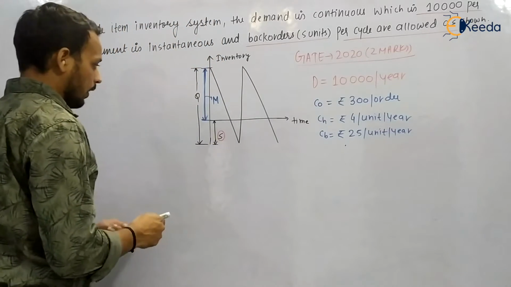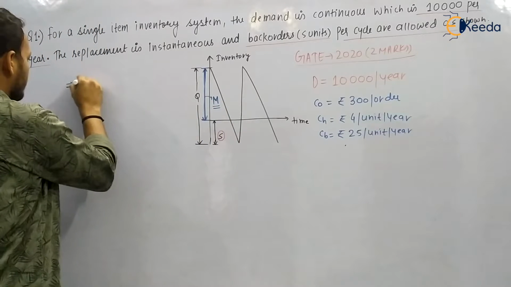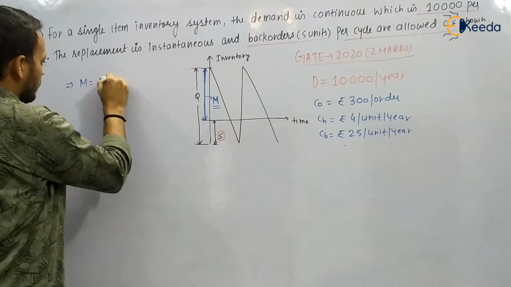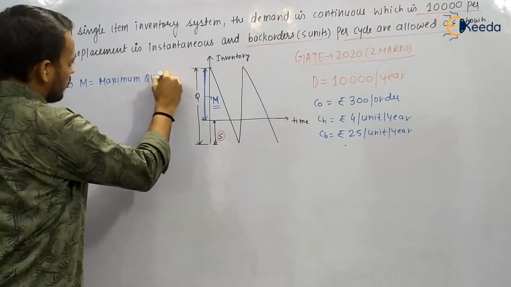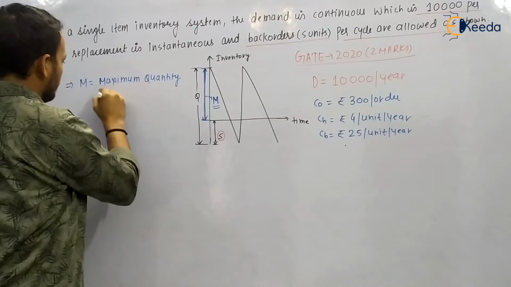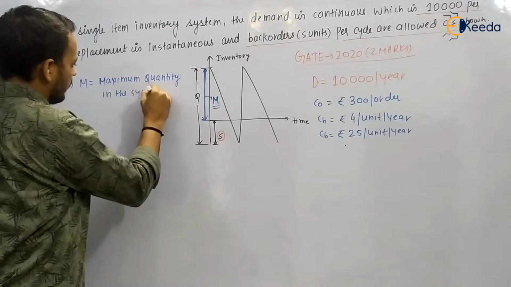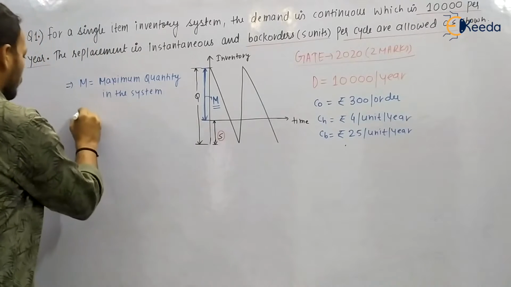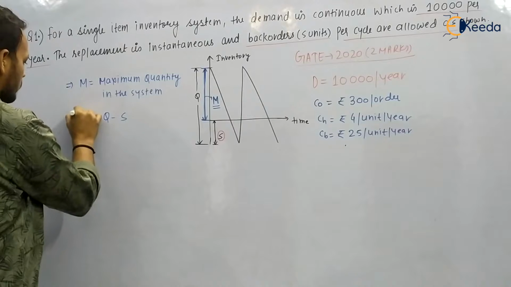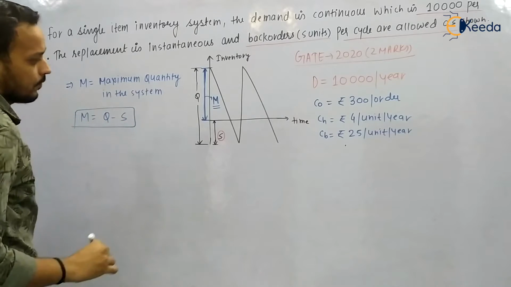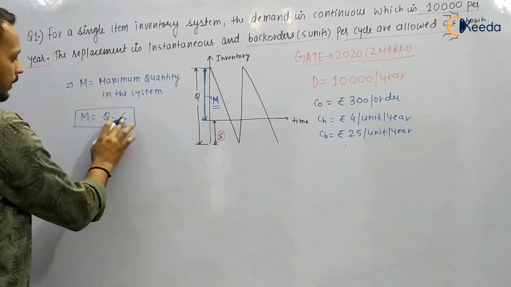What we have to find is the value of M, the maximum quantity in the system. From the figure we can say that M equals Q minus S. So for this we have to find Q and S.